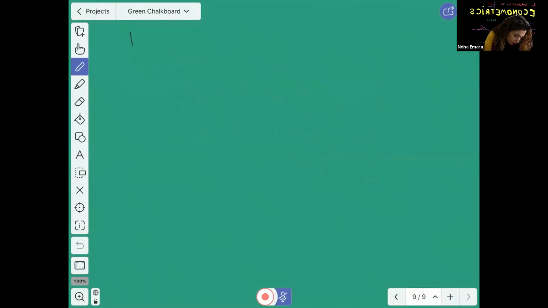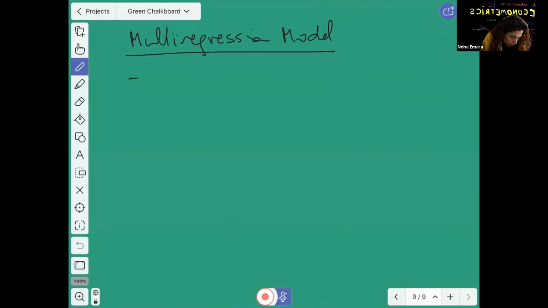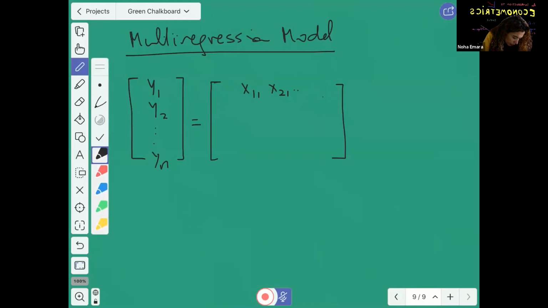So in a multi-regression model, where I have more than one X, I have a set of observations where I start with Y1, let's say the first person I'm asking in a survey, then Y2 for the second person, and then the last person, let's call this person N. So I have N observations, and this depends on a set of factors: X1 for the first person, X2 for the first person, up to XK for the first person.